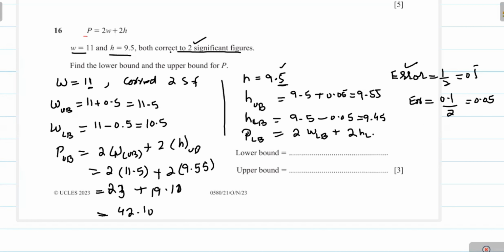Now we can write here 21 plus 18.9, that will be equal to 39.9. Therefore, 39.9 is the lower bound value and 42.1 is the upper bound value. This is the answer.